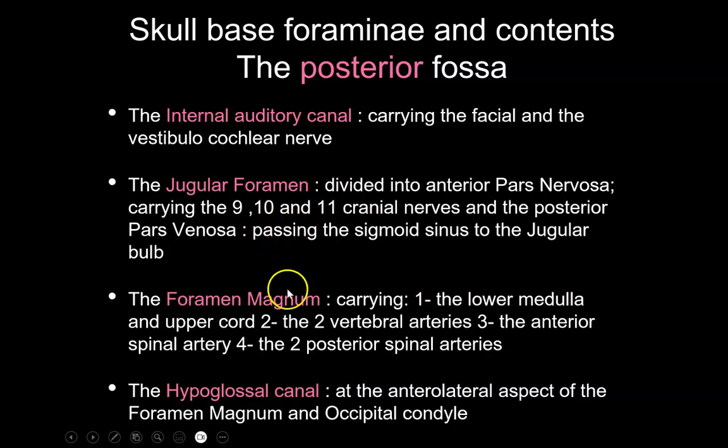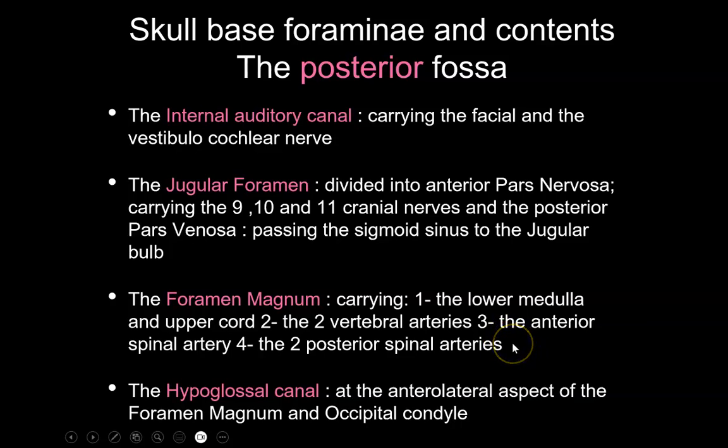And the most important foramen magnum, carrying the lower medulla and upper cord, two vertebral arteries, one anterior spinal artery formed by two branches from the vertebral, and two posterior spinal arteries. And I forgot to add it here, it is also carrying the spinal part of the accessory nerve.